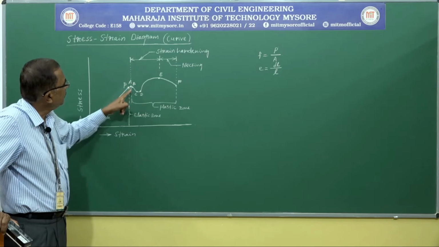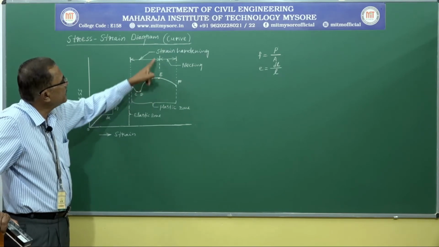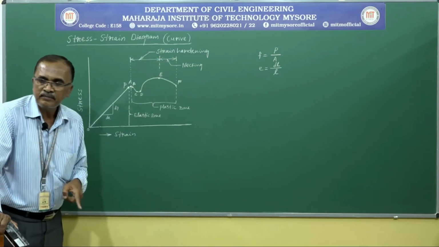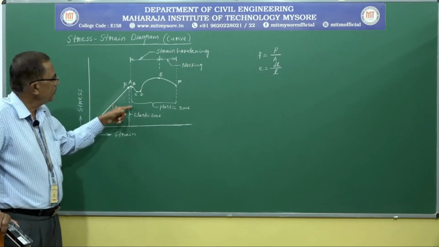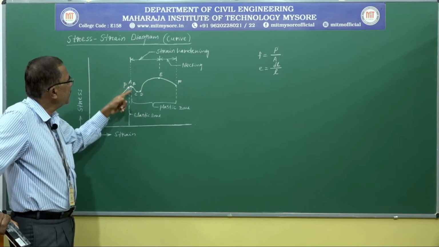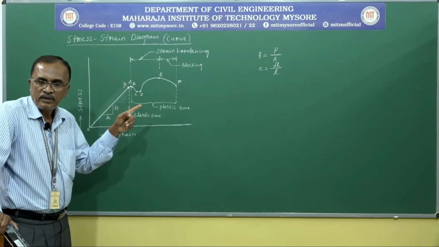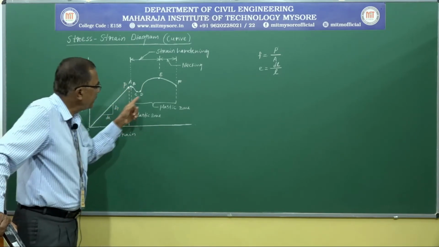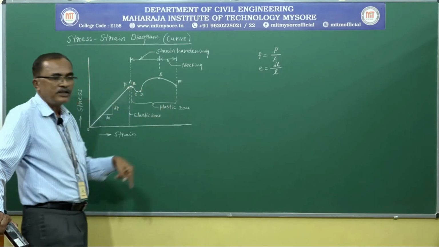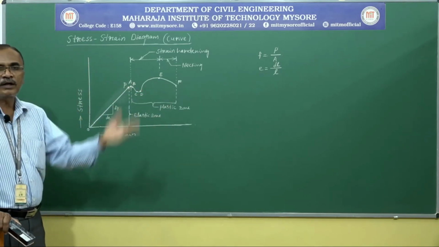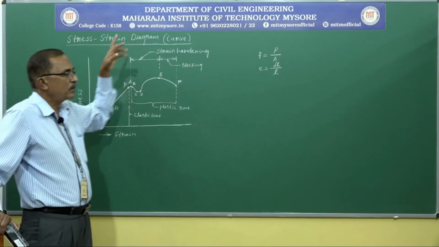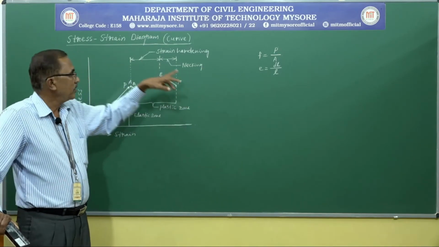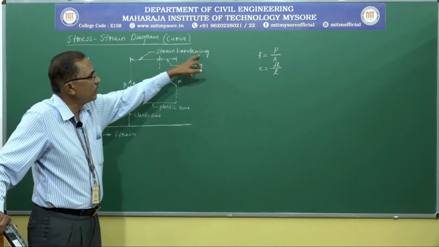You can see here between A and D it is marked as strain hardening. With the increase in stress, after passing the elastic limit, the material becomes harder because of this plastic deformation, and this process is known as strain hardening.